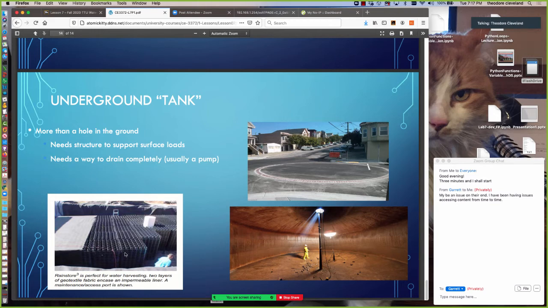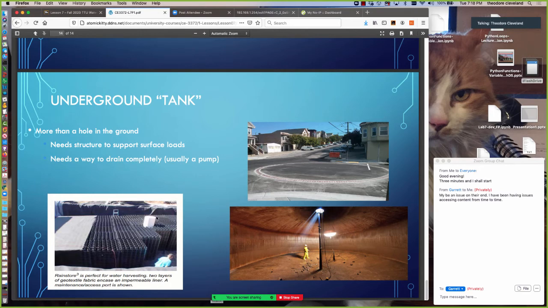The purpose of these milk crate looking things is to have a lot of porosity so they can store water, but also be able to transfer loads from the surface down to the soil beneath them. So you can think of these as thousands of little columns all holding up soil above them and letting water flow in between them.